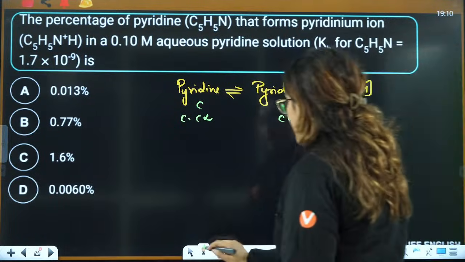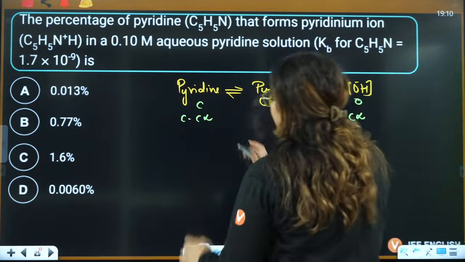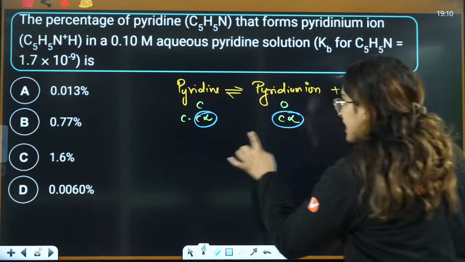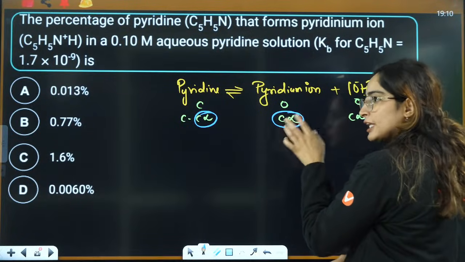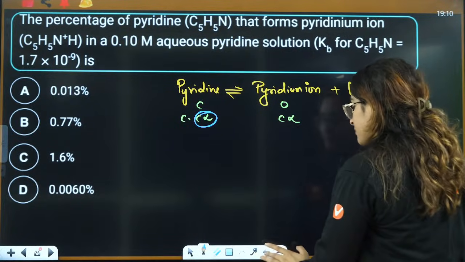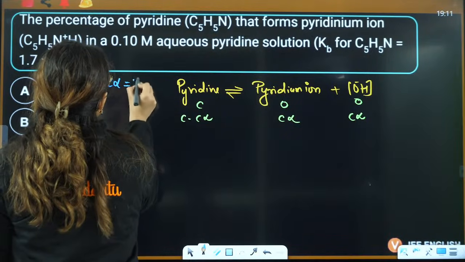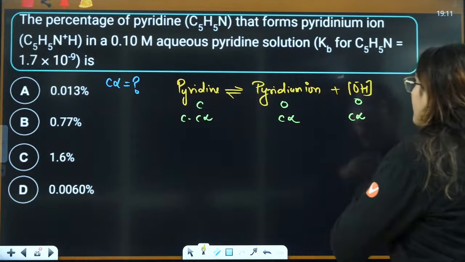That means they are asking you the value of this C alpha. Which percentage out of this C is getting converted to pyridinium ion, right? So they are asking you the value of C alpha here. What is the value of C alpha?